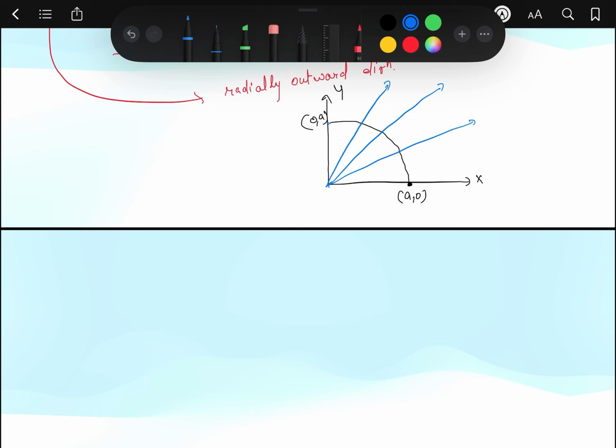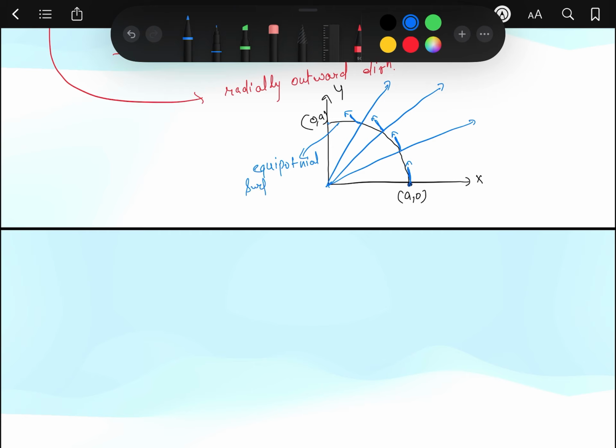Okay, and the displacement of this body is always perpendicular to this force, like it is in this direction, it is always perpendicular. Or we say that, as we know, this is the equipotential surface in the field of this force.